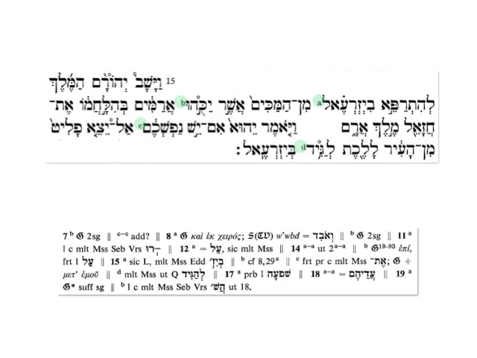And then in the lower portion of the page, in the apparatus, those same letters correspond to a series of notes where the editor is making various suggestions that need to be considered relative to the text. Our focus in this case is going to be on the first of these notes, that is letter A, and that note for verse 15.